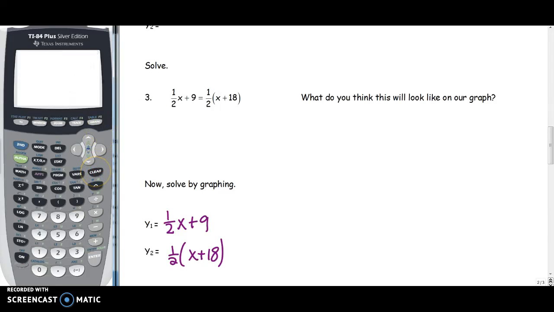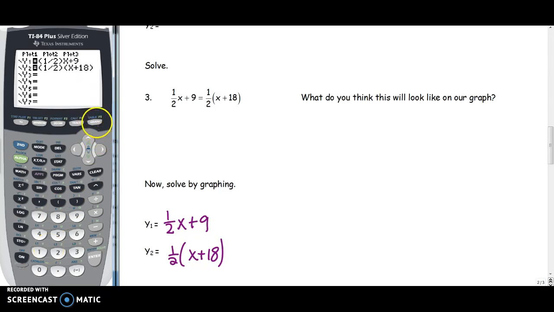So if we put this into our y equals, and we clear, we would have parentheses 1/2, close your parentheses, 1/2 x plus 9. And then for y2, here's where we have to open those parentheses again. 1/2, close your parentheses, open again, x plus 18.